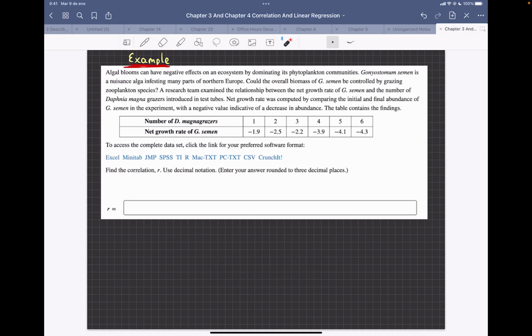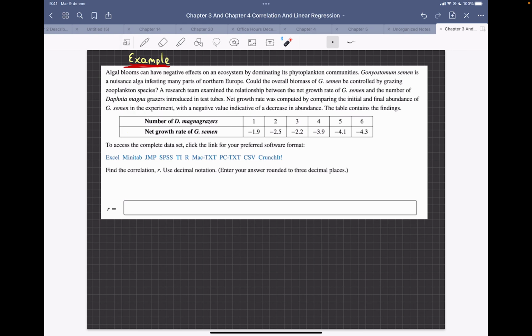All right, more examples from the book. This is one example from the exercises in your homework. It says algal blooms can have negative effects on an ecosystem by dominating its phytoplankton communities. Gonyostomum semen is a nuisance alga infesting many parts of northern Europe. Could the overall biomass of G. semen be controlled by grazing zooplankton species?